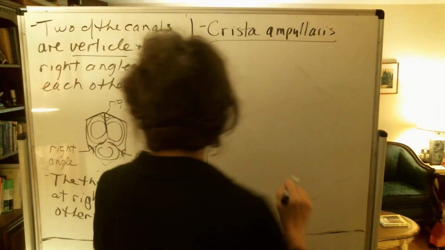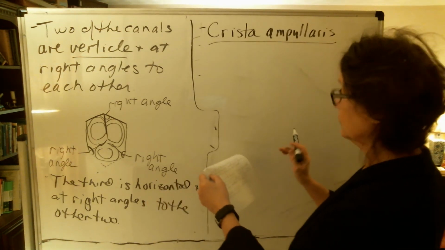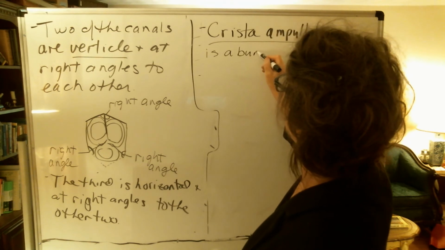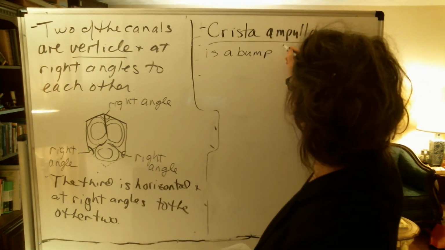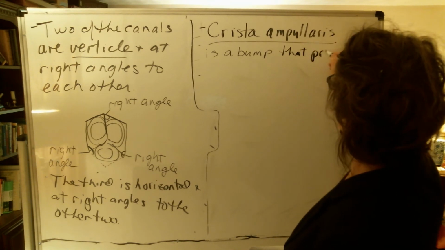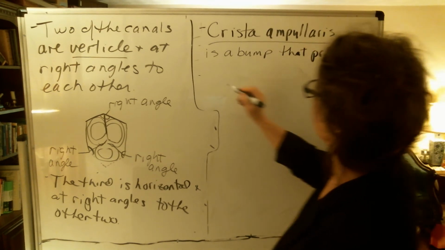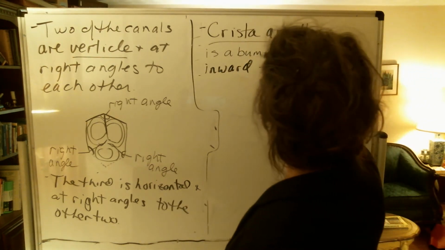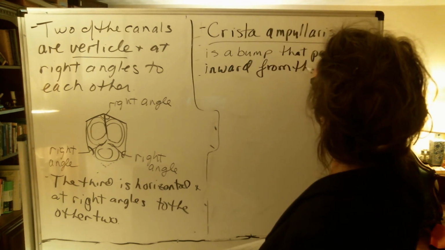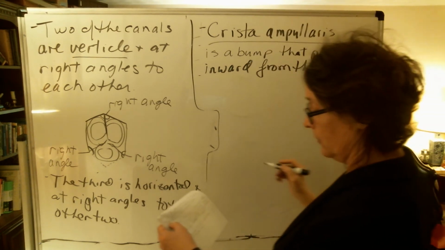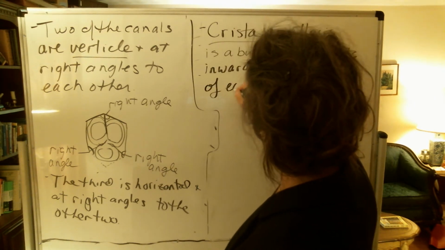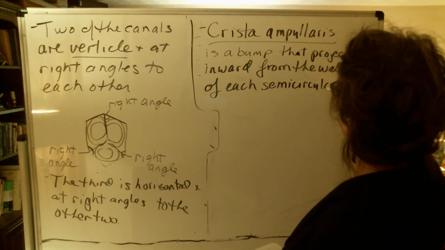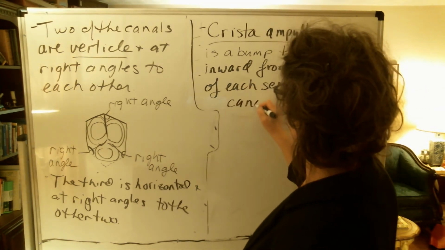Anyway, there's one crista ampullaris per semicircular canal, and the crista ampullaris then is a bump that projects inward from the wall of each semicircular canal.